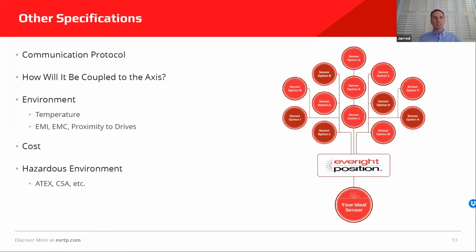Another consideration is, how are you going to couple the encoder to the axis being measured? Your encoder's output is only as good as the mechanical alignment. It's like buying new tires for your car, but not getting it aligned. They're only going to do so much. So for a given application, you want to think about, what is there to mount to?